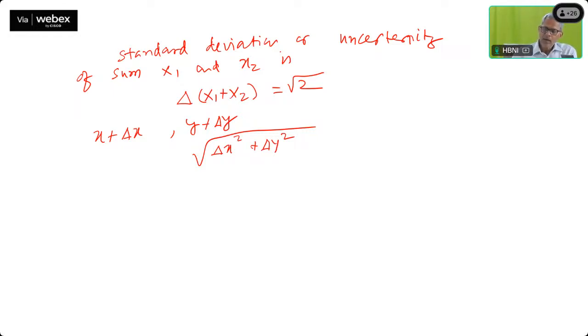Like here, you can say delta x1 square, you know that sigma square is 1, another one is 1. So that is, we got root 2. So from this we can see the general formula: if we have the sum of two variables, then the errors in the two variables go in quadrature. That's what we know.